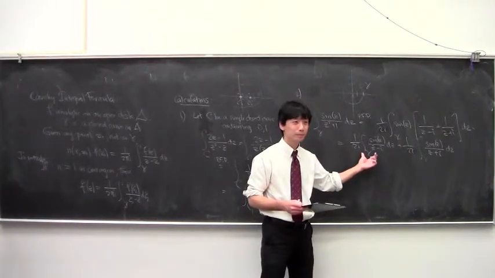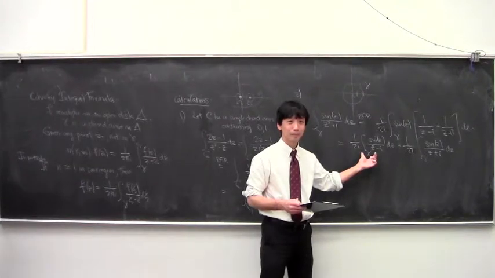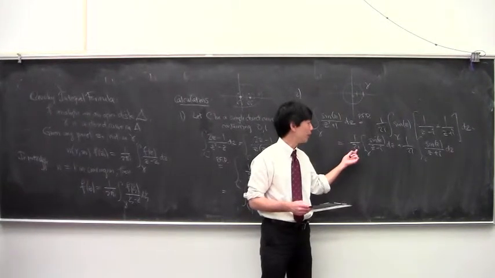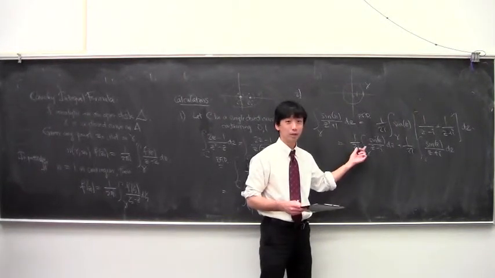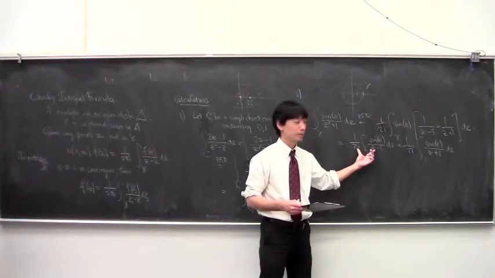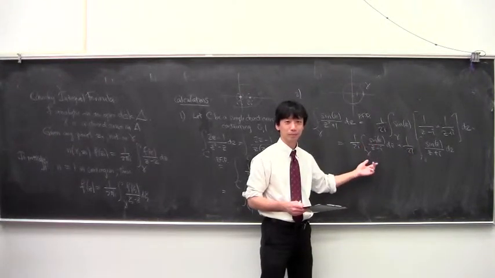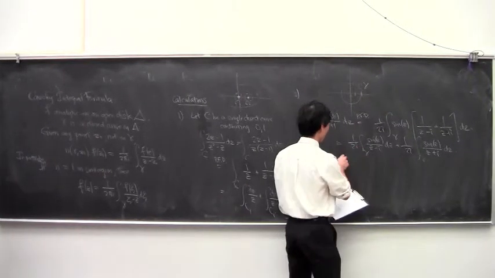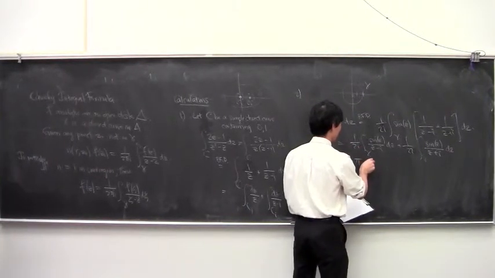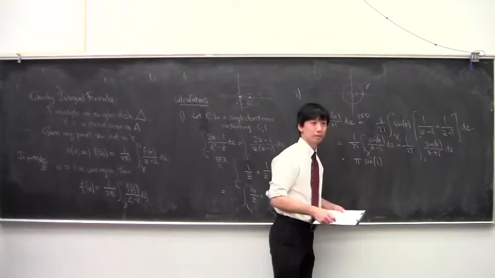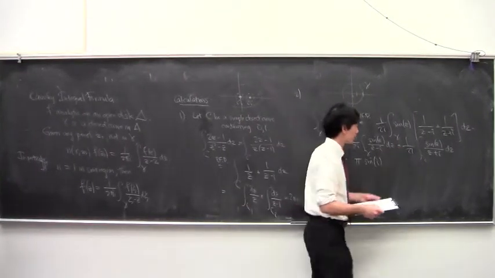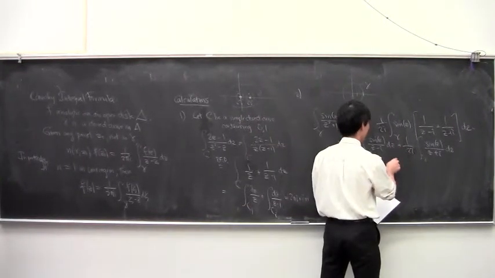What's this going to be? Well, if we had a pi on the bottom, this would be the Cauchy integral formula for sine evaluated at i. So the answer is pi sine 1, and this one's going to be pi sine negative 1.